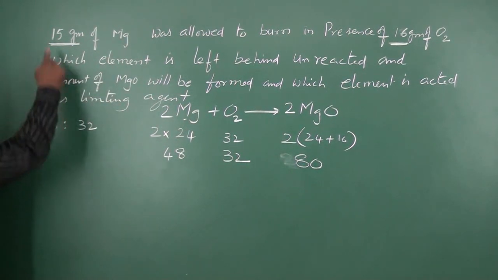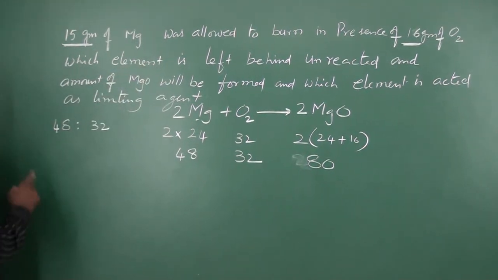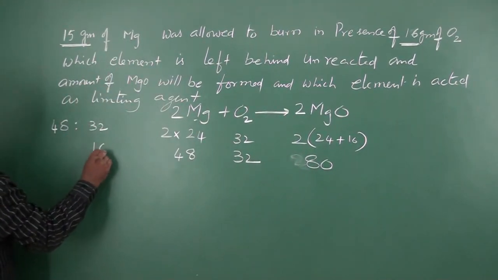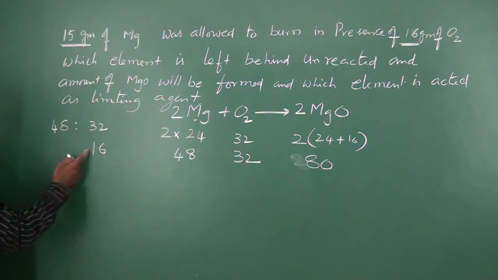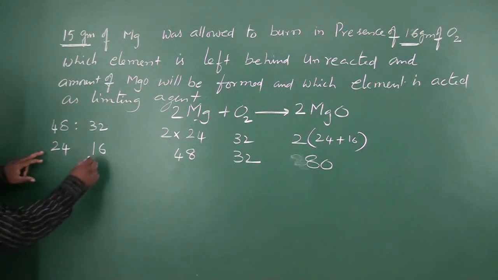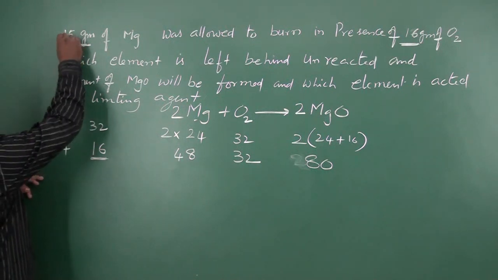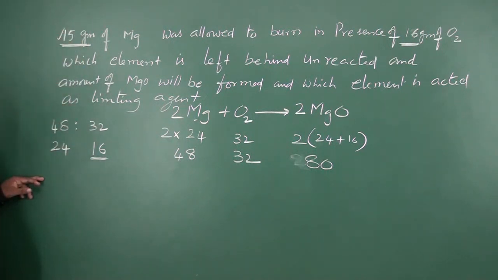Now, you should bring one of them to the given ratio, that is 15 or 16. So, if you make it 16, what happens? 16 grams of oxygen requires 24 grams of magnesium. But here we have only 15 grams. Here we have an excess of oxygen, more than required.